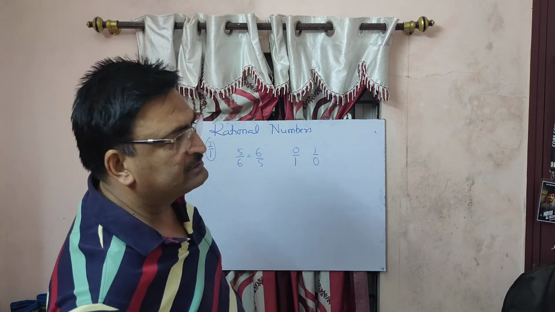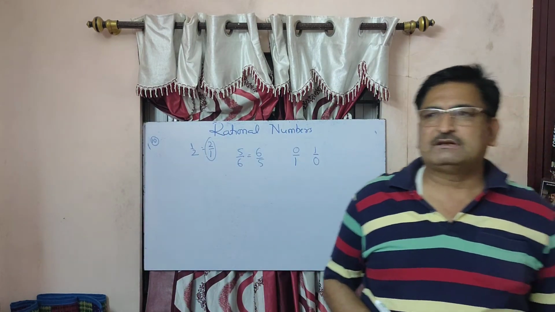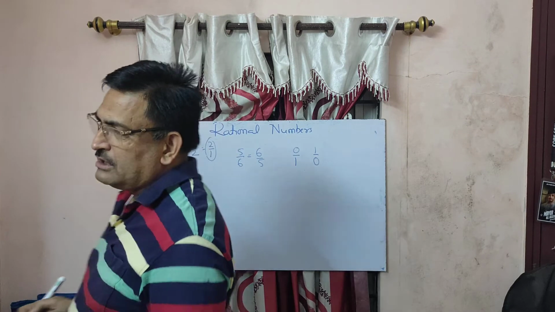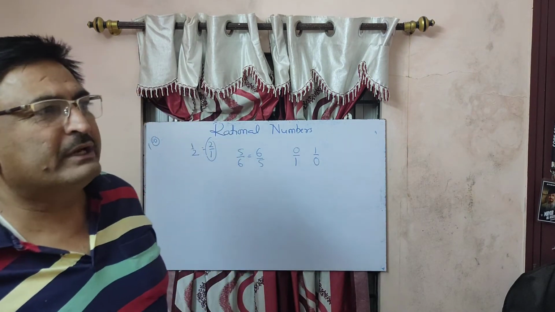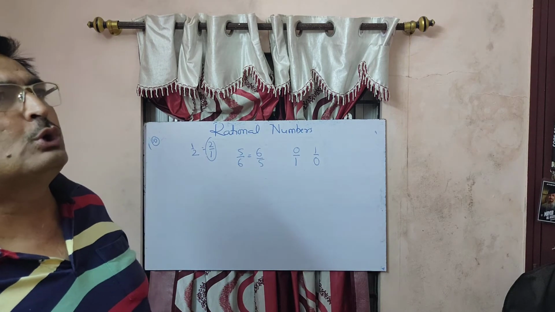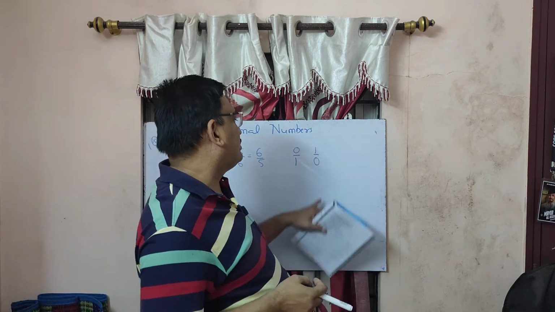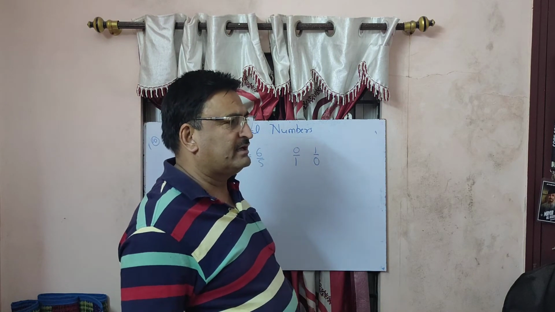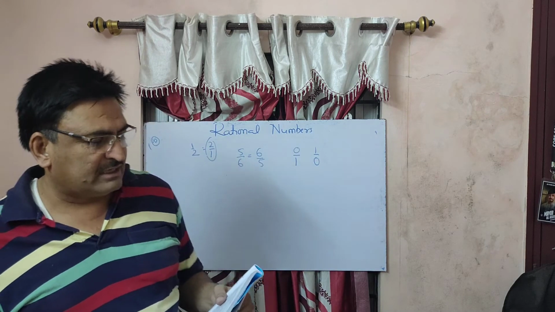What is our definition of a rational number? A rational number is that number which is in the form of P upon Q, where Q is not equal to 0. Means the denominator cannot be equal to 0. Here the denominator is 0. Therefore, this is not a rational number. This is not a number.